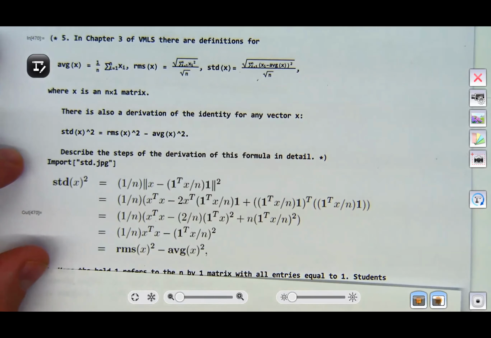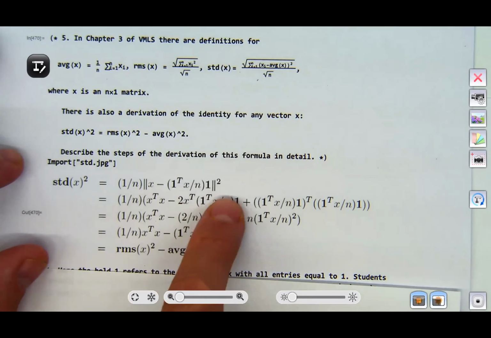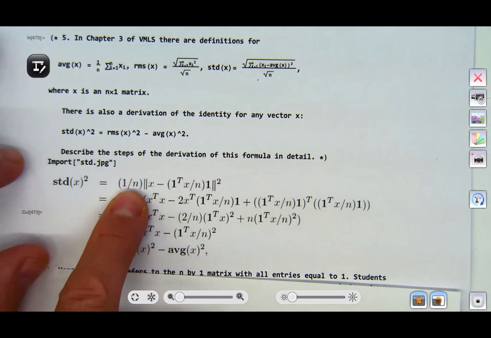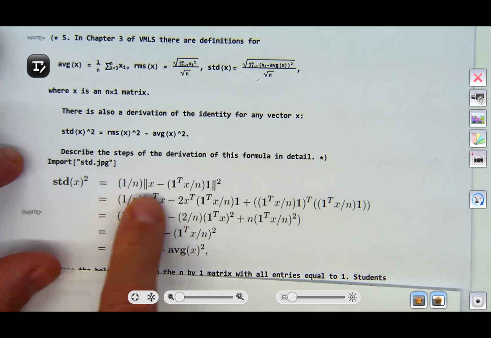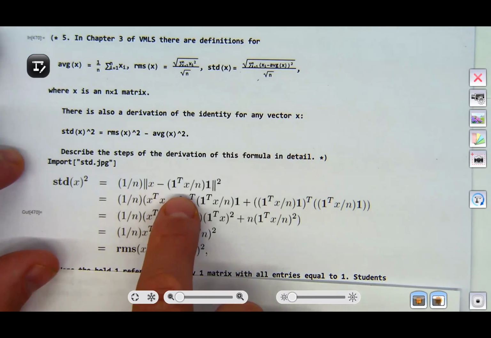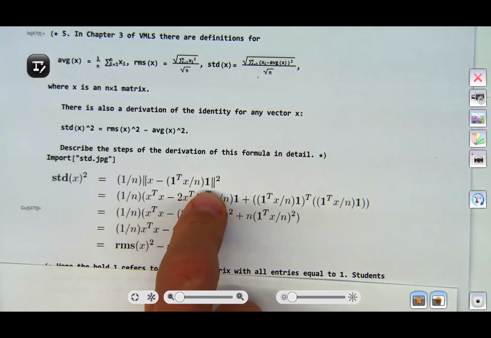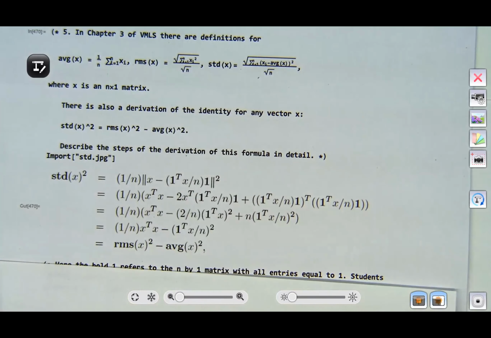But let's just have a look at one particular term, okay? So here we have a norm squared. This out the front is a scalar, 1 divided by n. Okay, here we have the vector x minus something times a bold 1. Now that bold 1 apparently is a statistical common thing to write, but it just means the column vector having all 1s in the entries, okay?